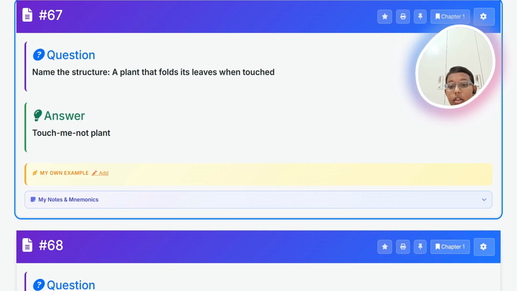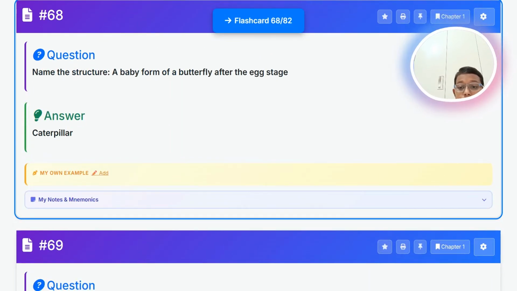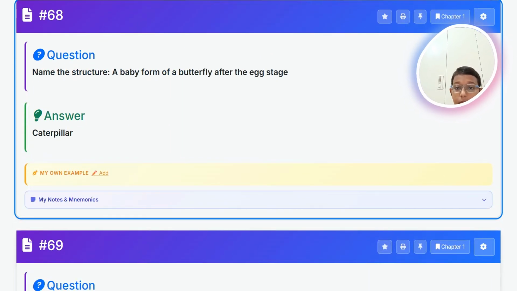A plant that folds its leaves when touched. Touch-me-not plant. Name the structure. A baby butterfly after the egg stage. Caterpillar.